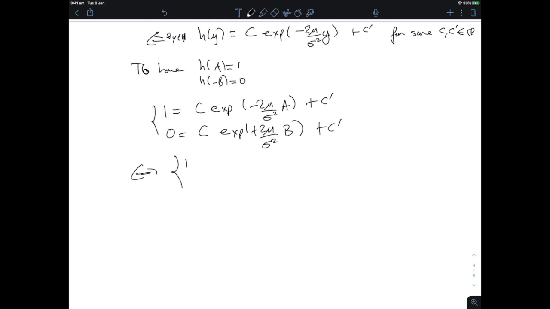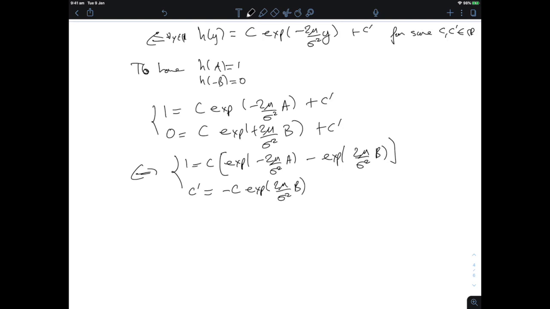I want 1 equal to c times exponential minus 2 mu over sigma squared a minus exponential 2 mu over sigma squared b. Okay, so that gives me my c, and then I want c prime equal to minus c times exponential 2 mu over sigma squared b, which will give me my c prime once I have my c.